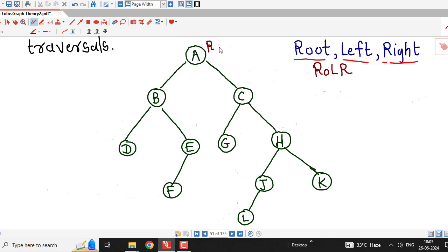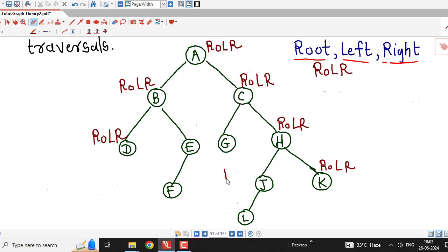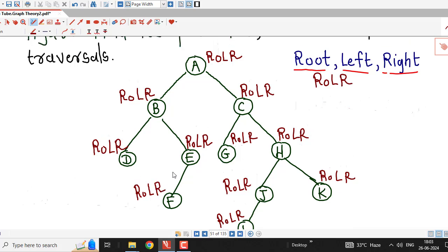Side by side of every node we will mention this, which will help us easily find the pre-order traversal of the given rooted tree. So I am writing ROLR for every node: root, left subtree, right subtree.